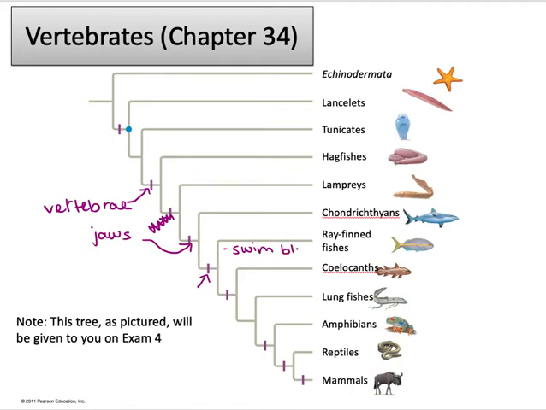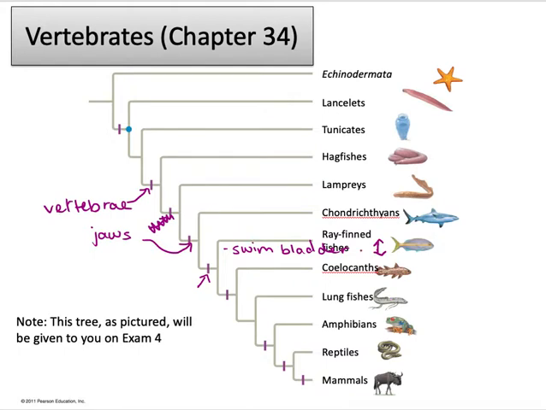And that swim bladder doesn't just allow for efficient movement laterally in the water column. What it allows for is that efficient up and down movement in the water column, controlled by the buoyancy. When air inflates the swim bladder, it'll move up. When the air deflates from the swim bladder, the fish will move down. So we get more efficient movement within the water column there.